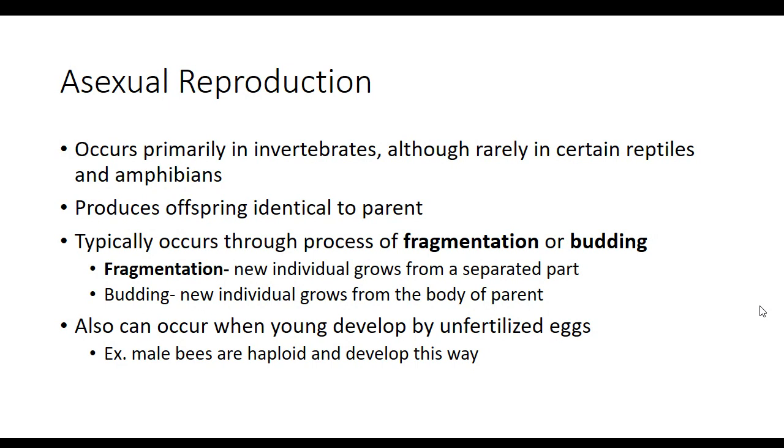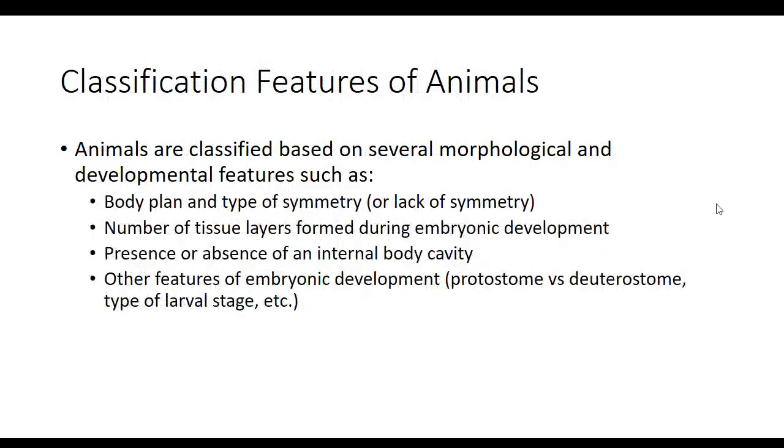Just reproduction without a male. It's essentially sexual reproduction because they are eggs, but they fertilize themselves. So some insects and even some lizards do that. Females don't need a male for reproduction.